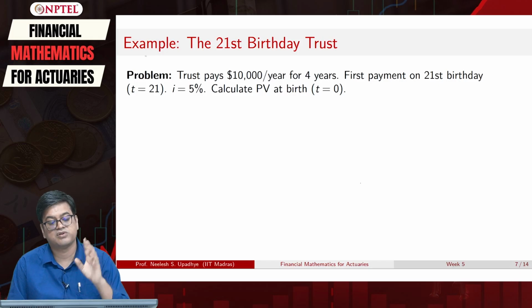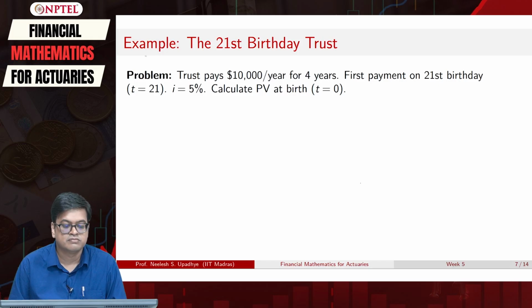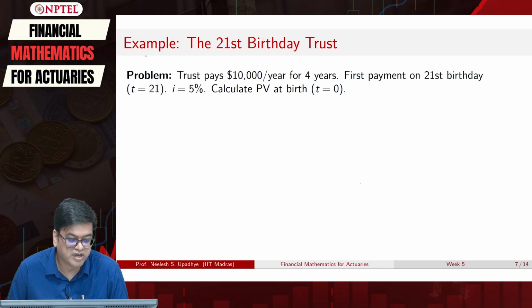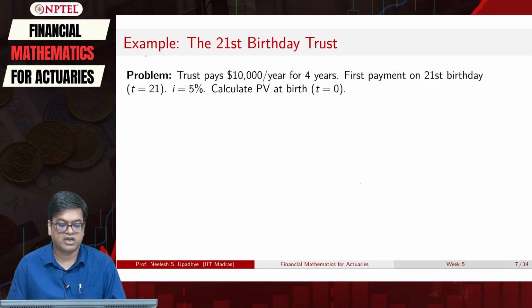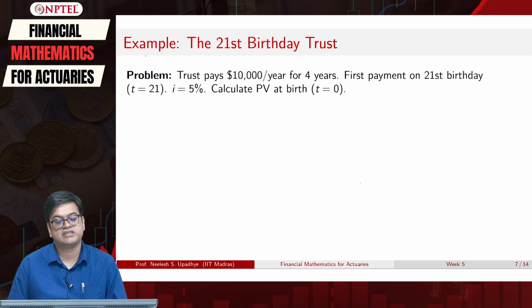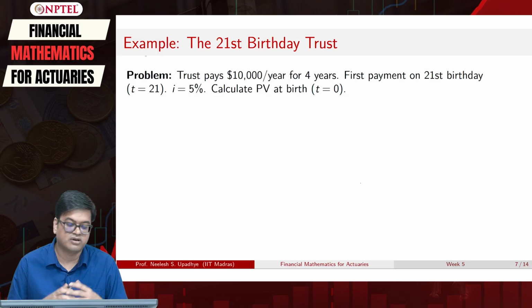So t is equal to 21. The interest rate in which this scheme is working is 5% effective annual interest rate. Calculate the present value at birth. So how much should the ambitious parent invest at the time of birth? Okay, so this is the question.